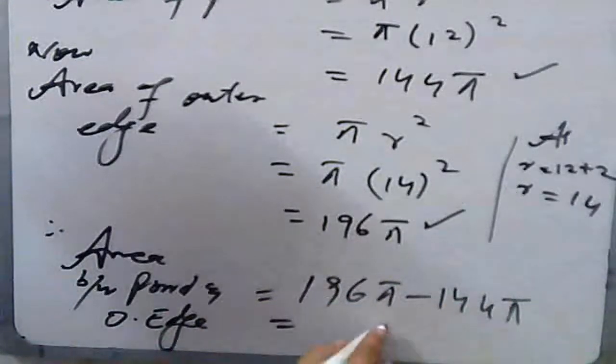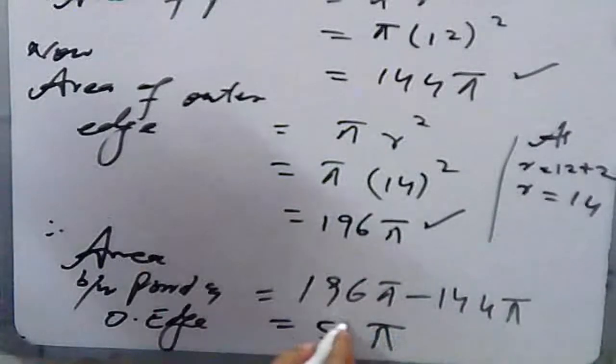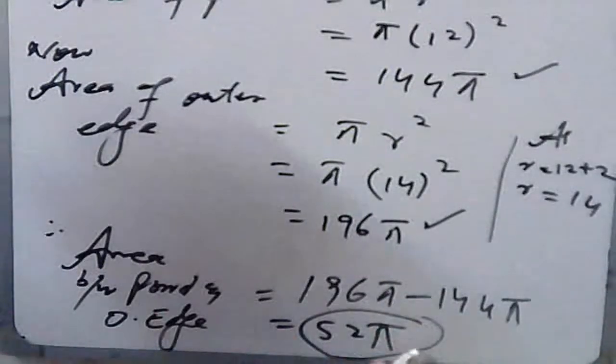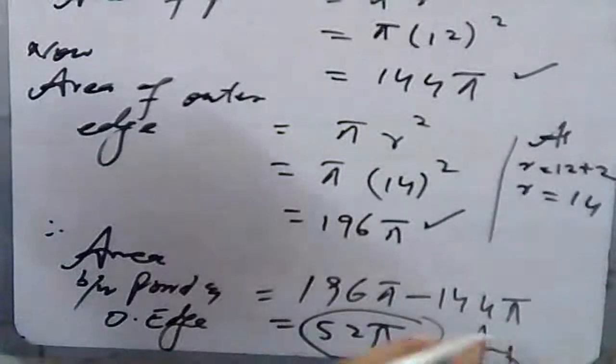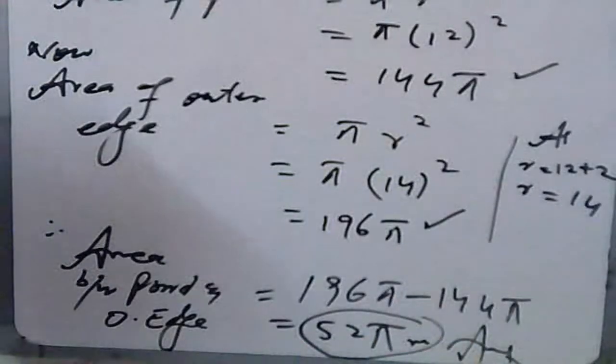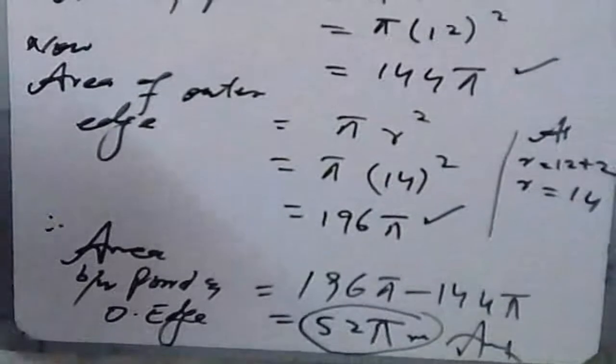You will get 52 pi meter square, which is your required result. Now that is your B part.